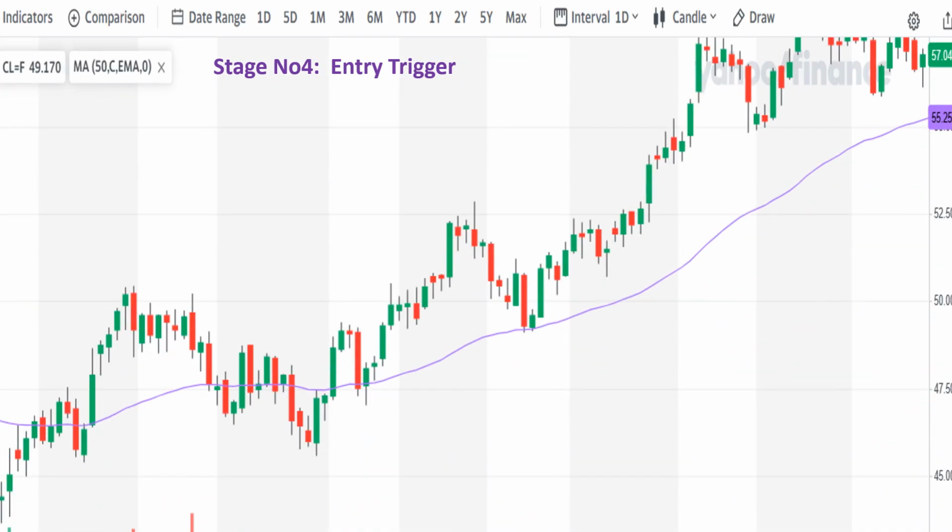Stage number 4, entry trigger. Let's take a look at this price chart. The entry essentially boils down to identifying buying pressure, which can manifest in various forms.